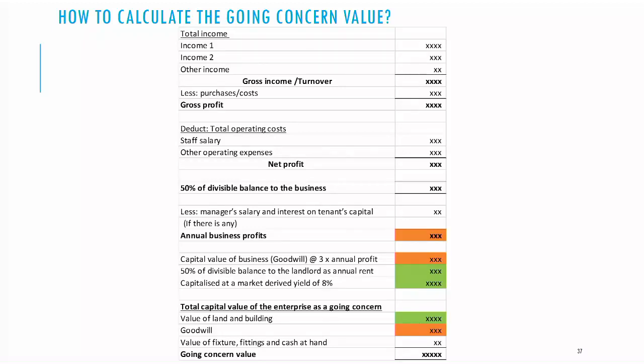So can I use income capitalization? Yes, you use income capitalization here too, plus goodwill, because the land is connected to the business. They are together. We use the income capitalization method, same as the other method we did before, plus goodwill.